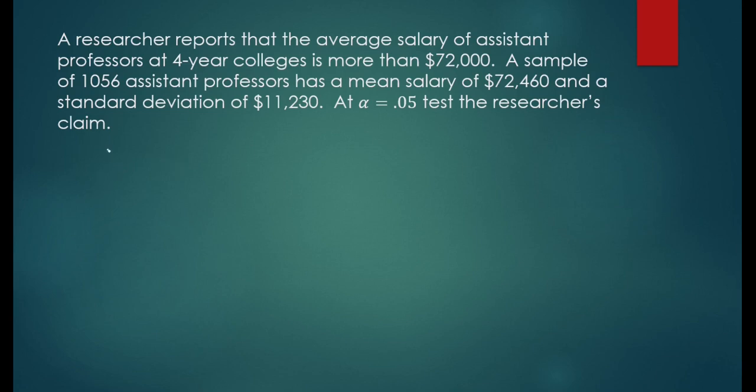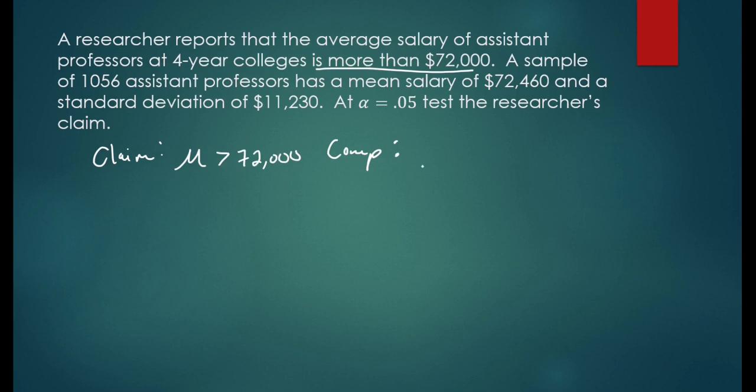We always begin by stating the claim and the complement to the problem. The claim is that assistant professors make more than $72,000. So our symbol is mu is greater than 72,000.